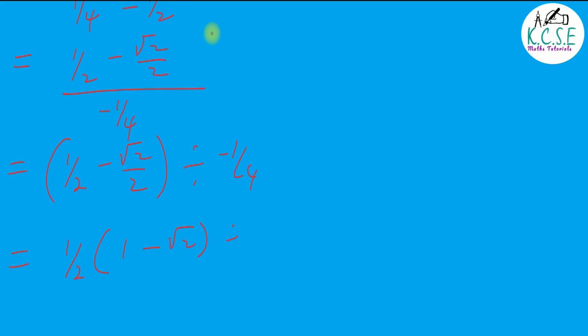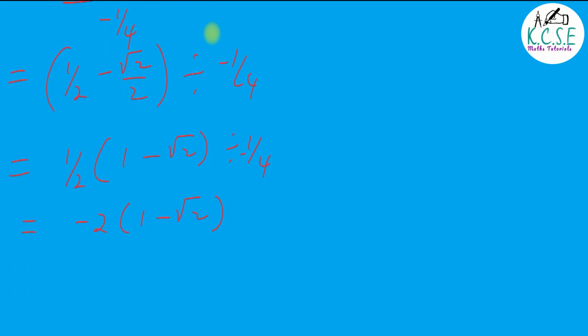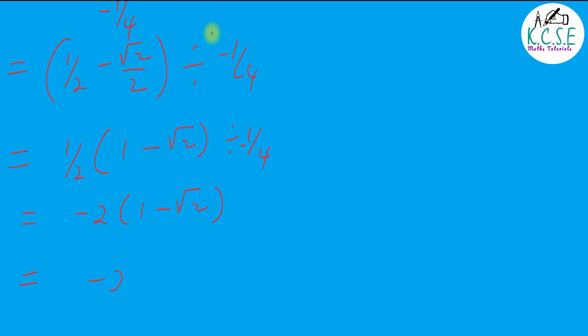Then you divide it by negative a quarter. So this will give negative 2 times 1 minus root 2, and this gives negative 2 plus 2 root 2 as the solution.